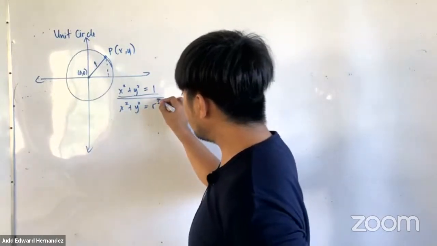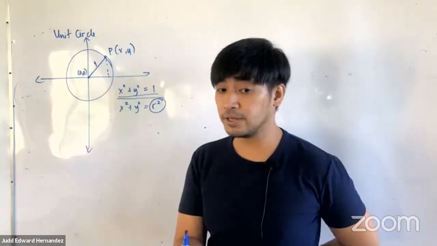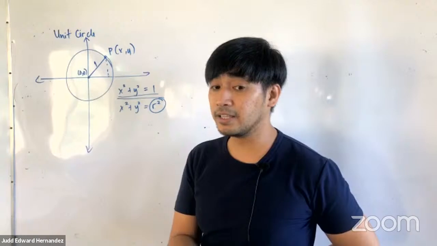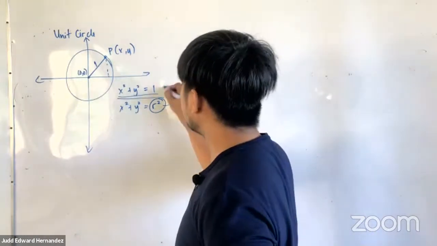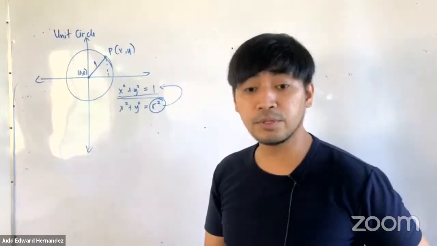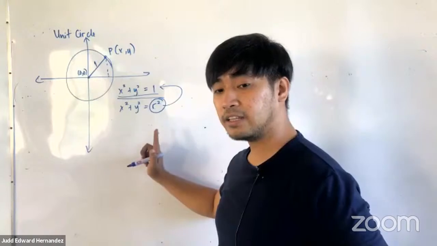But what is the value of r when it comes to unit circle? Di ba sabi natin that the unit circle will always have a radius equal to 1. Therefore, it becomes the equation x squared plus y squared is equal to 1. Maliwanag po ba kung bakit naging ganito?